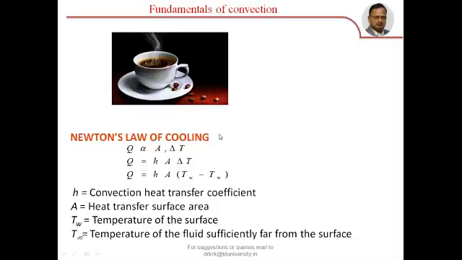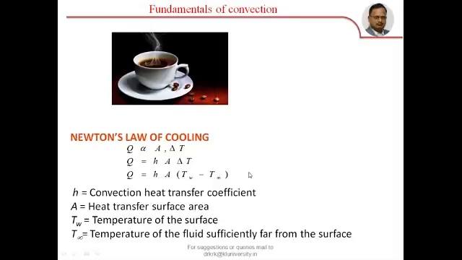Newton's law of cooling states that the rate of heat transfer by convection is directly proportional to the surface area exposed to the surrounding medium and the temperature difference. So Q equal to hA delta T, where delta T is the temperature difference between the surface and surrounding fluid, Tw minus T alpha.